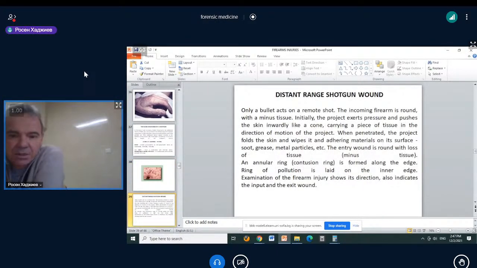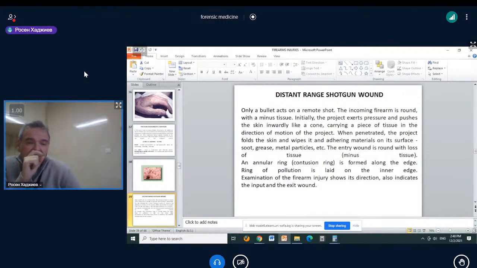When I have a distant range shotgun wound, only the bullet acts on a remote shot. The entrance wound is surrounded with missing tissue inside. Why? Because initially the projectile exerts severe pressure and pushes the skin inwards, like a cone, inside the wound canal, carrying away pieces of tissue in the direction of motion of the projectile. When penetrating, the projectile folds the skin inside and wipes and produces this excoriation like a ring.